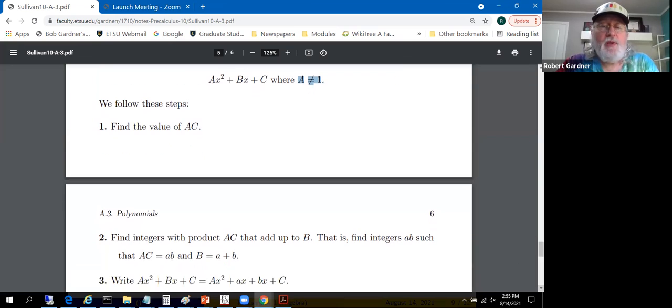Find integers with a product of A times C that add up to give capital B. So it's similar to the previous technique, except instead of wanting the product to equal this, when we had a 1 here, we want the product to equal capital A times capital C. That is, symbolically, find integers lowercase a and b such that a times b equals capital A, capital C, and their sum, a plus b, equals capital B. So this time we want the product to equal the product of these two, and we want the sum to equal this thing.